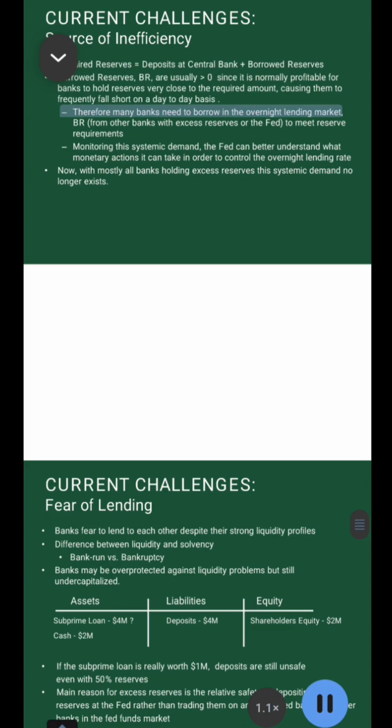Therefore many banks need to borrow in the overnight lending market, BR from other banks with excess reserves or the Fed, to meet reserve requirements. Monitoring this systemic demand, the Fed can better understand what monetary actions it can take to control the overnight lending rate. Now, with mostly all banks holding excess reserves, this systemic demand no longer exists.